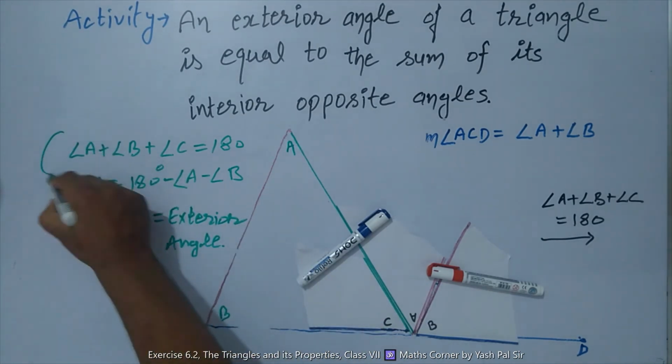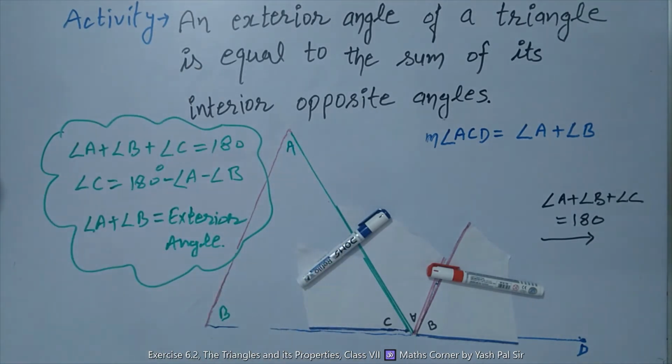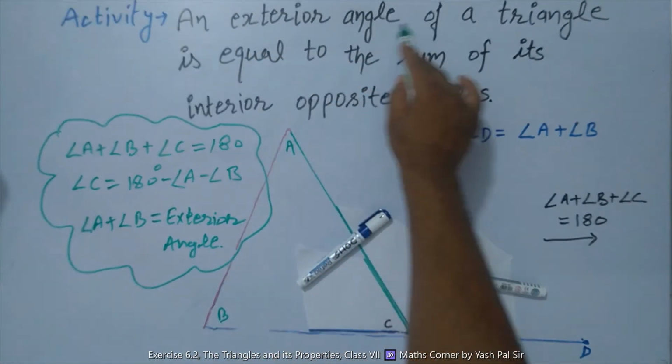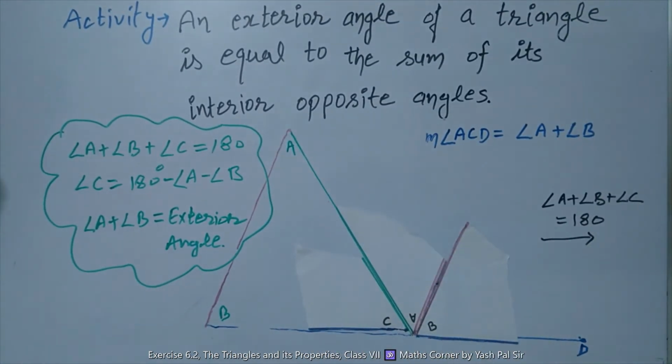So according to the property, this activity is successfully performed by us, that an exterior angle of a triangle is equal to the sum of its interior opposite angles, because all three angles lie on the same straight line. So the sum of all these three angles is equal to 180 degree. This angle is C, and the exterior angle is A plus B.